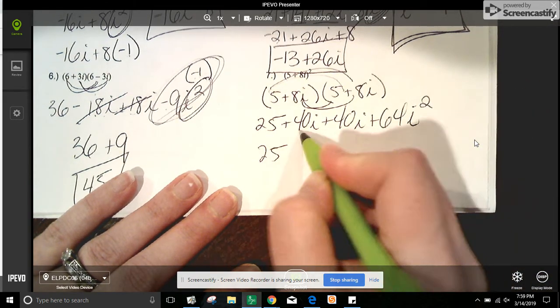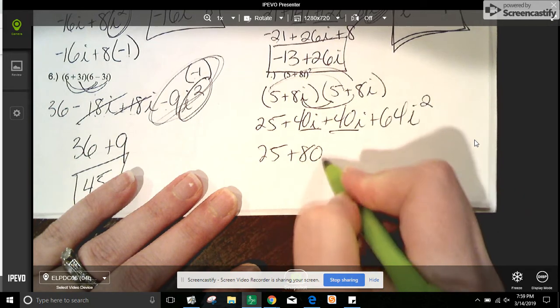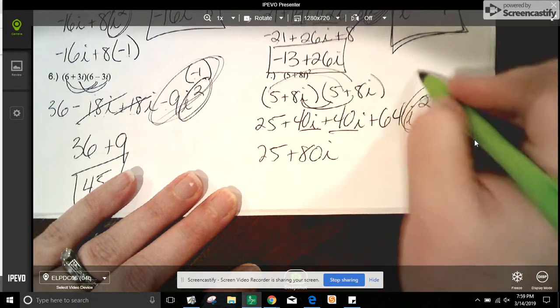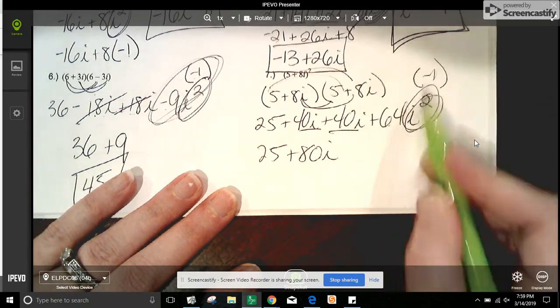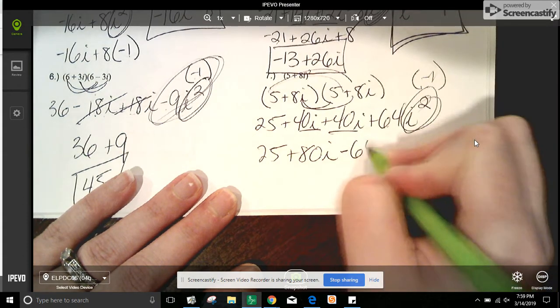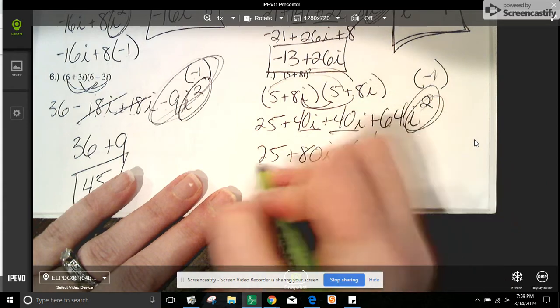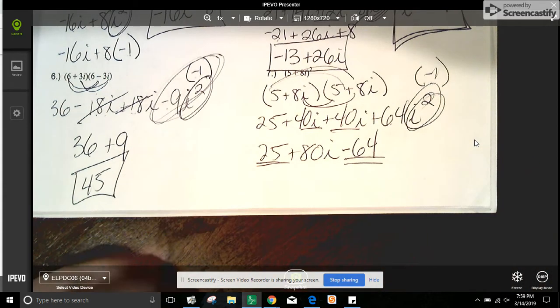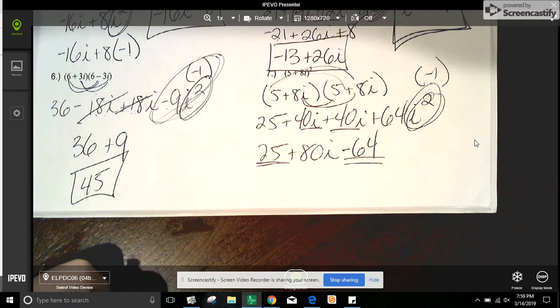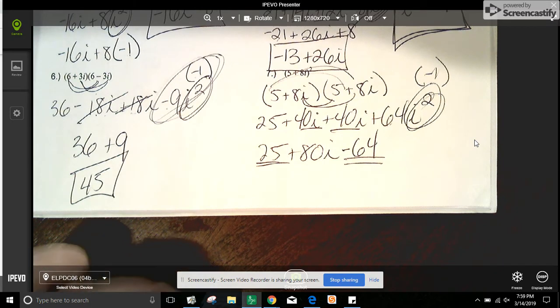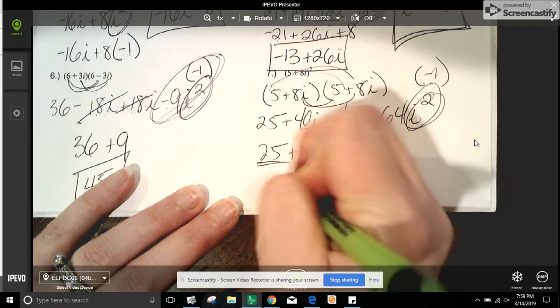So 40i plus 40i is 80i. And then this is like a negative 1. So then 64 times negative 1 is like minus 64. And now I can put together the 25 and the 64. So 25 minus 64 would be negative 39.